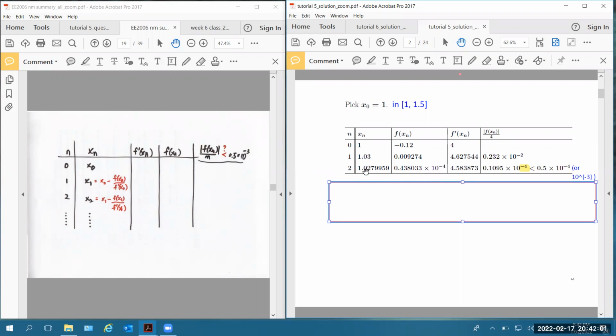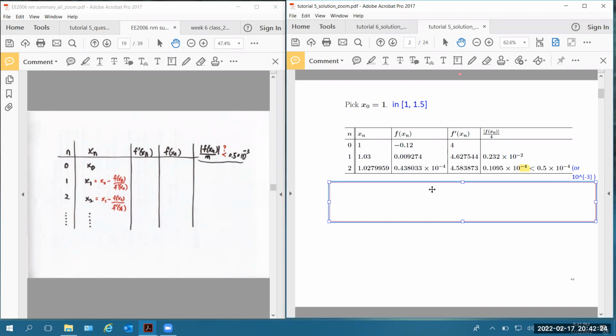When we come to x2, we already got 0 point something times 10 to the power minus 4. Obviously this is less than 0.5 times 10 to the power minus 3. In fact, this number is even less than 0.5 times 10 to the power minus 4.